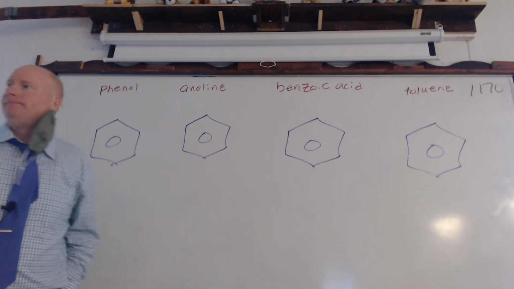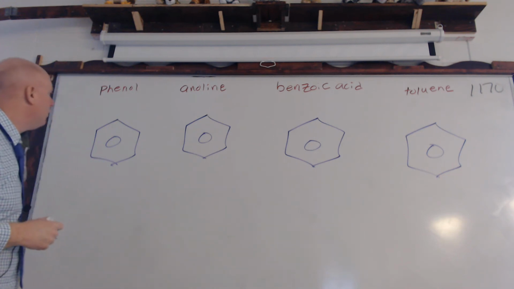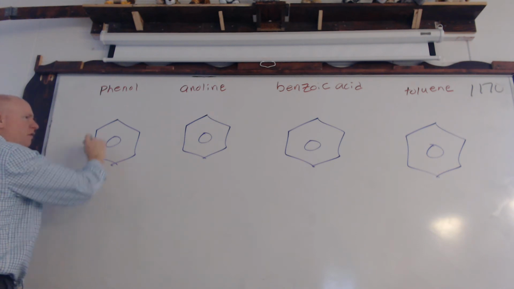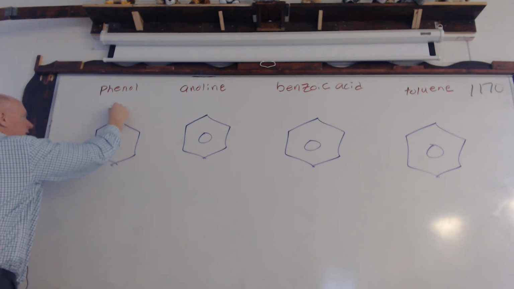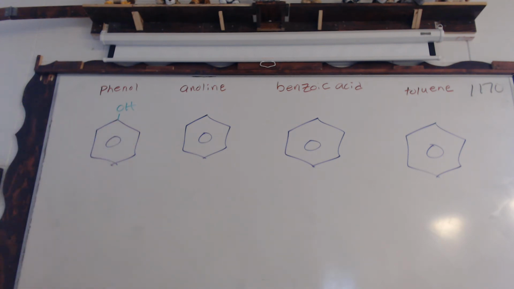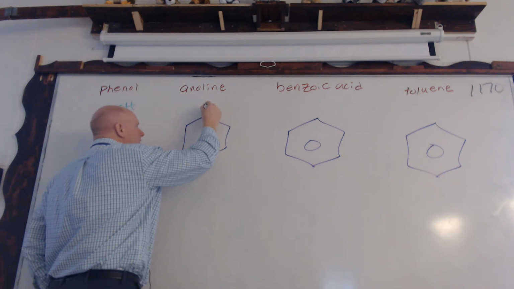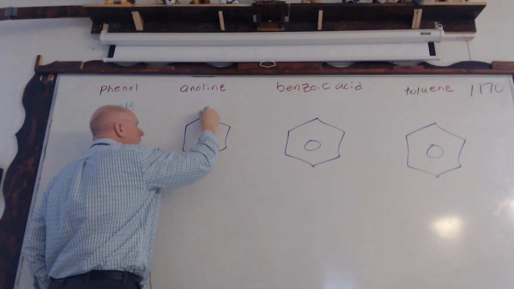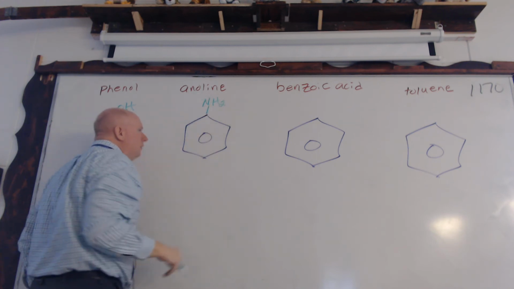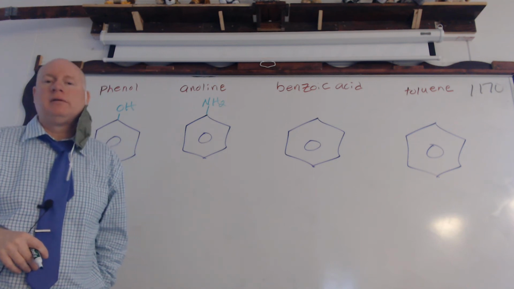Pick one. Phenol. Okay, so on that phenol, how do you know you're dealing with phenol? I think it's easiest, even the author does this, to just put them at 12 o'clock. Aniline is what? Okay, and then what else?